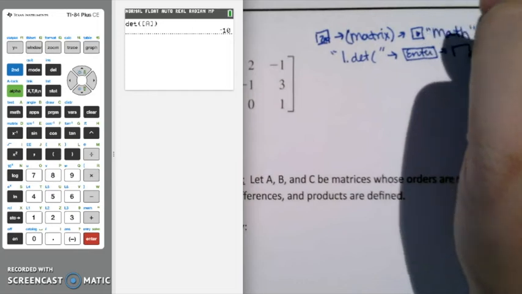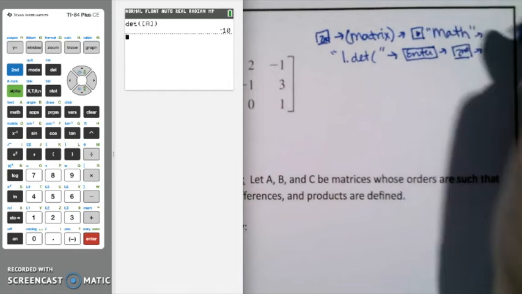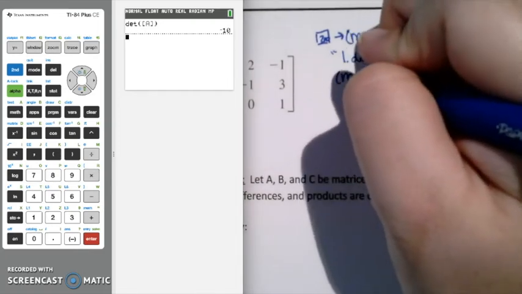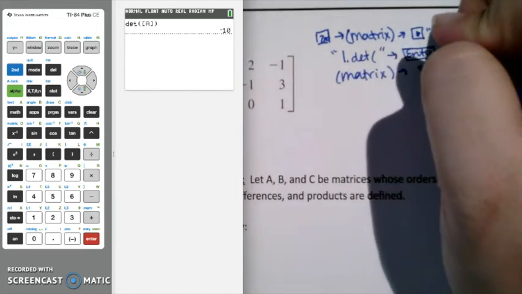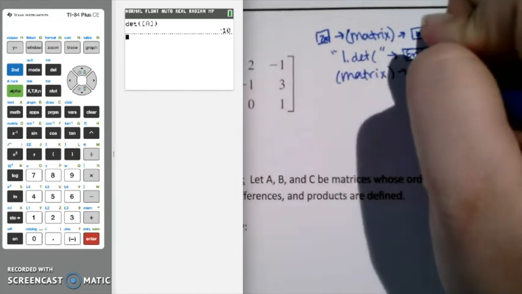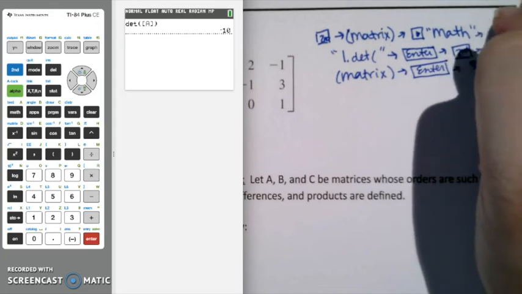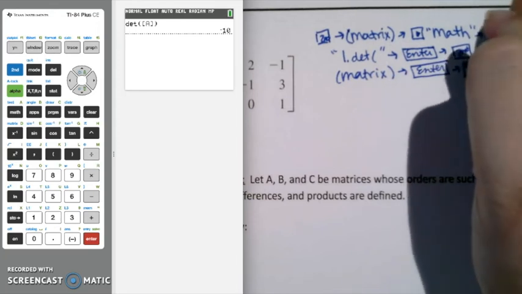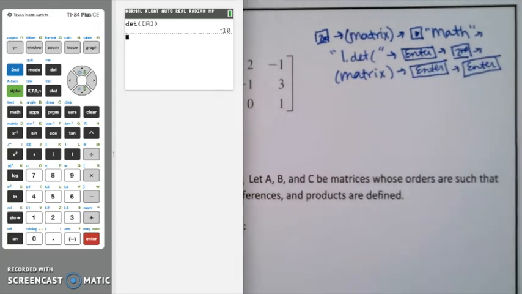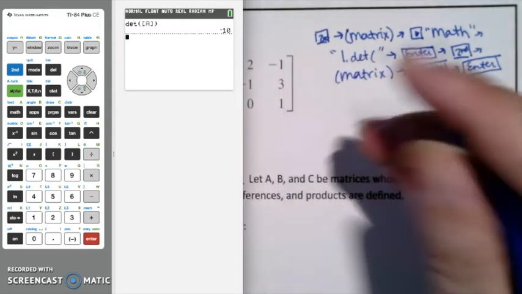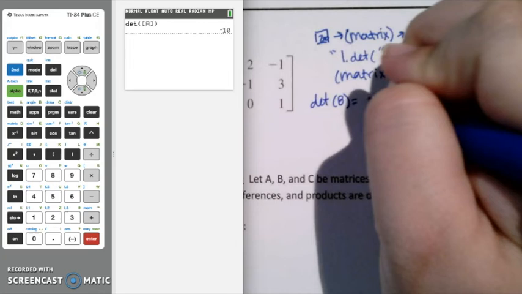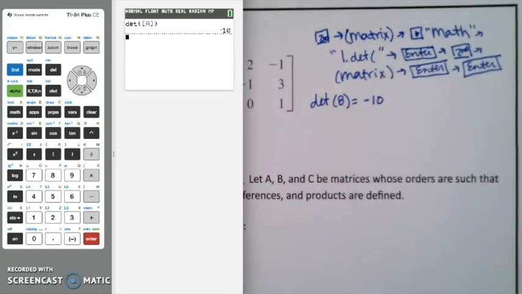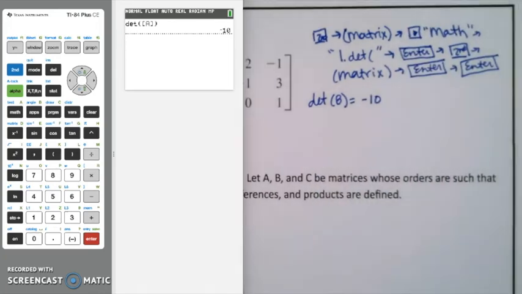And then we go back to second matrix. Enter. And then enter again. Okay, so we find that the determinant of matrix B equals -10. All right. Since the determinant is non-zero, we want to find the inverse.